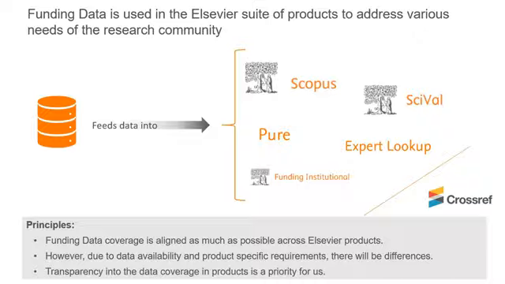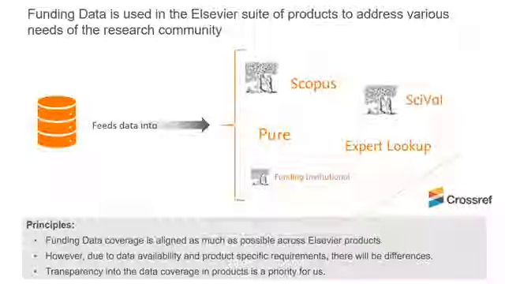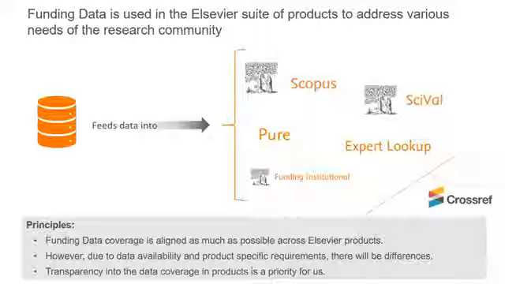Realistically, there will always be differences in how funders are available in each product and what funders are available in each product. And this is partly due to the availability of the metadata, partly due to the requirements of the products.